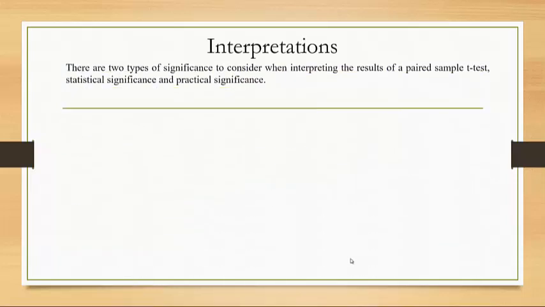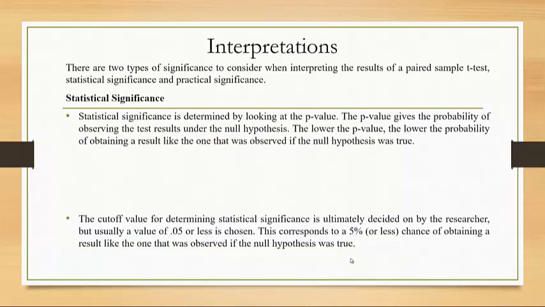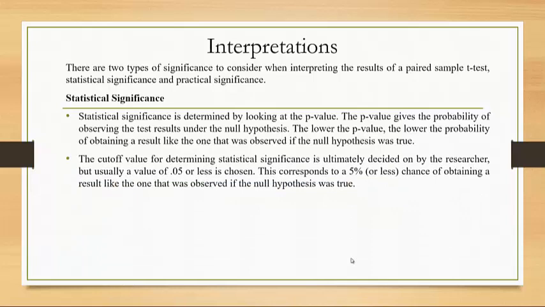When we talk about interpretation, there are two types of significance to consider when interpreting the results of a paired sample t-test. The first one is called statistical significance. After running the t-test, we check the p-value we receive. Later, in one example, I'll discuss how we can apply the t-test and how we can interpret the p-value.